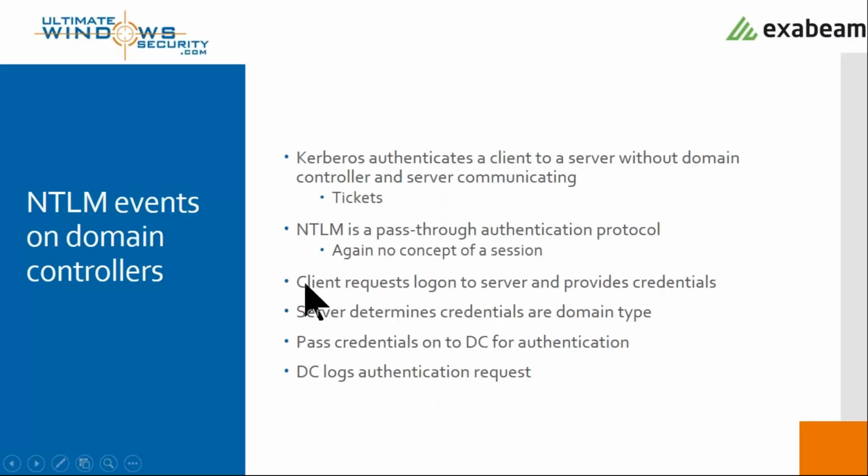So what happens is the client goes to the server, requests a login. The server says, oh, these credentials are domain credentials. So the server does communicate with the domain controller in that case and passes those credentials to the DC. The DC says, yes, he's authentic. And it's at that point that the DC logs a credential validation request, which tells you that that user authenticated to some computer somewhere on the network with NTLM.